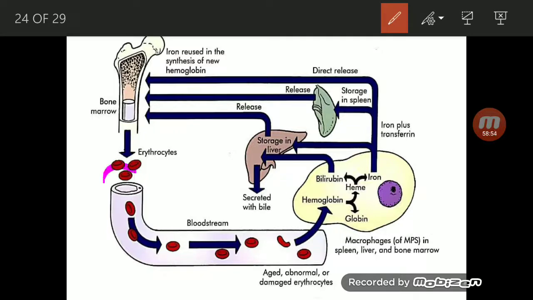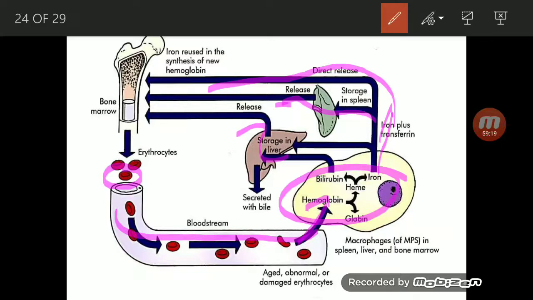So see, when your erythrocytes get destroyed in the spleen and liver, what happens is your globin part, the protein part, gets reabsorbed or thrown away, whereas your heme portion, your iron portion, enters your blood and is transferred to different parts of your body, stored in your liver and spleen, and whenever it is required, it is released and goes into your red bone marrow, and then there is new production of erythrocytes.